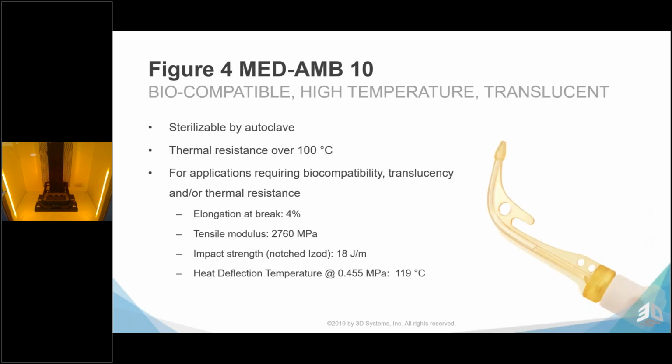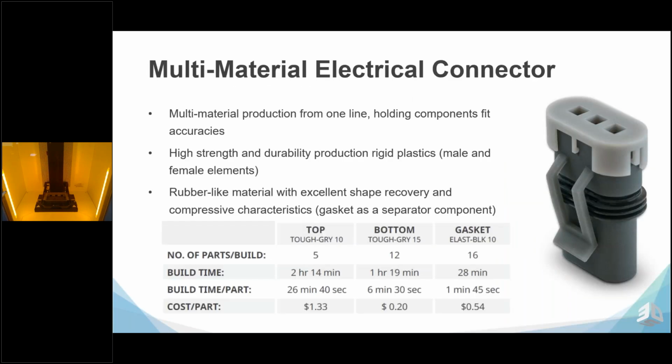We also have medical material that can withstand the autoclaving process, cleaning, sterilizing, and these are biocompatible, which means it carries a Class 6 certification that can come in contact with the skin. So very powerful materials.